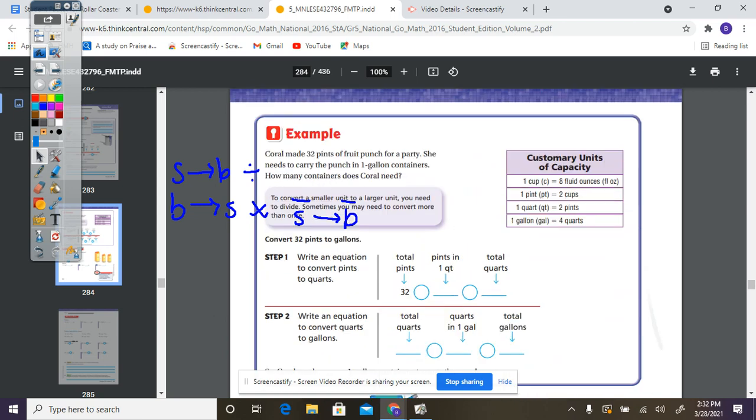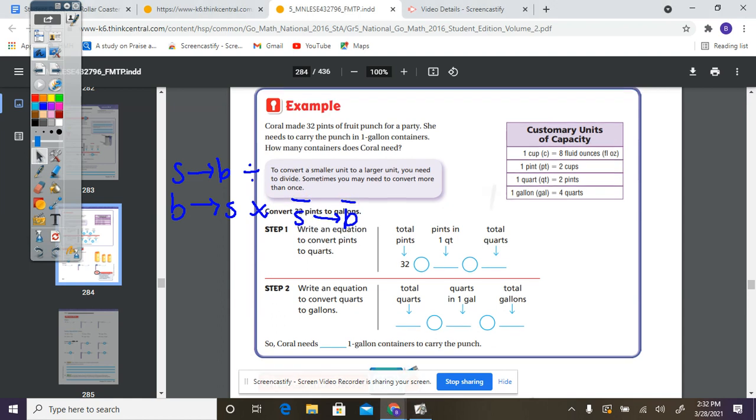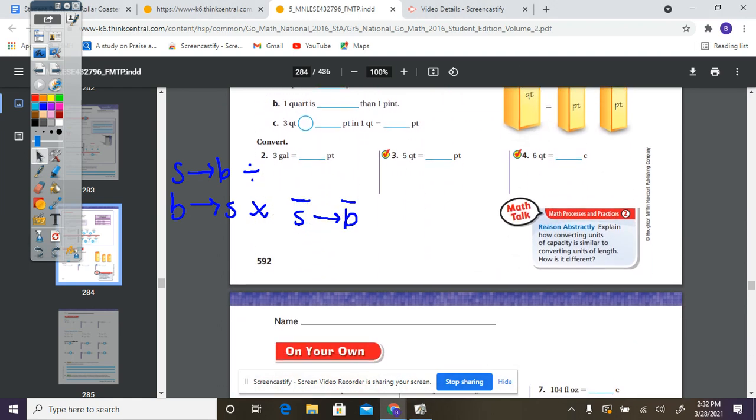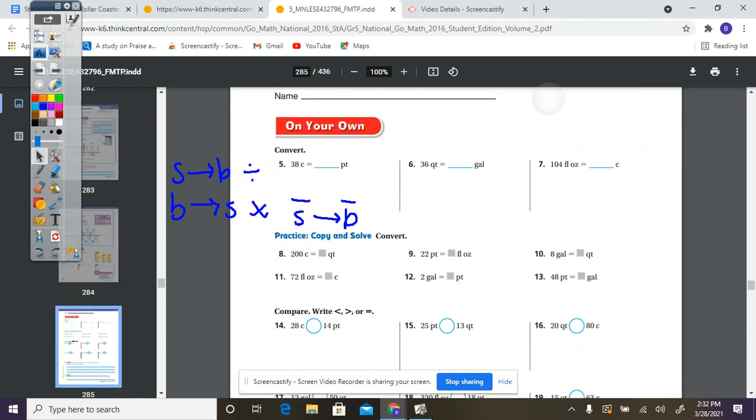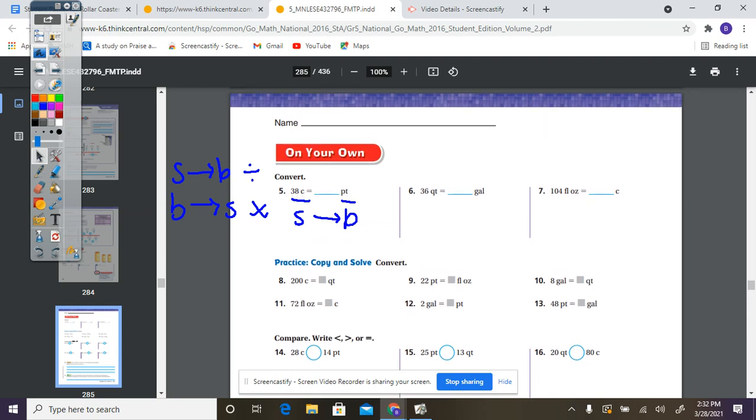But when I go back up here and look at this conversion sheet, there are 2 cups in 1 pint. Where I'm getting this from is right here. Cups to pint is what we're looking for, right? So I'm going to make my way back down to my worksheet. There we go. So I'm going from small to big. So there's 2.